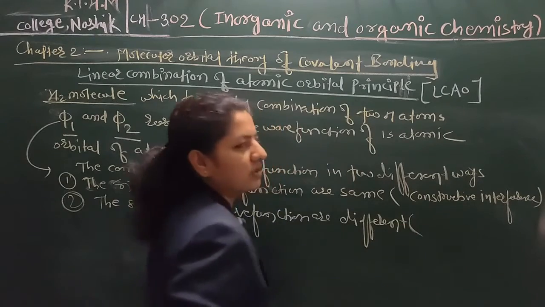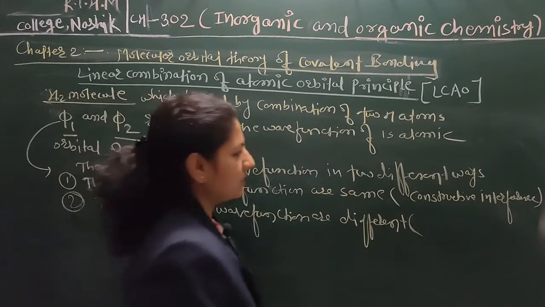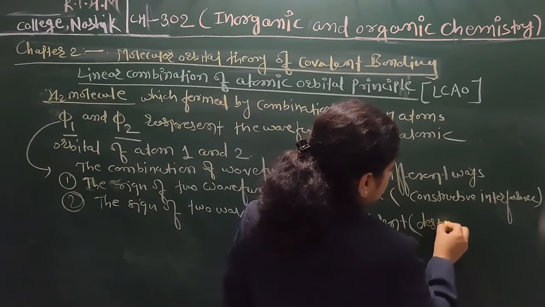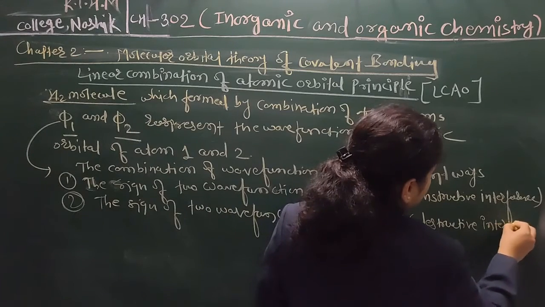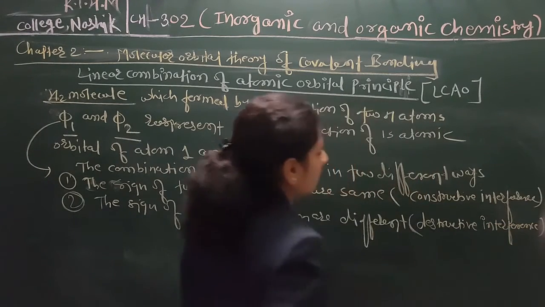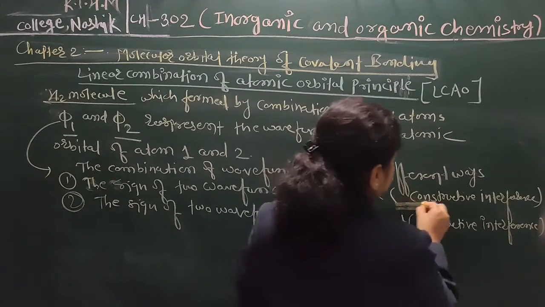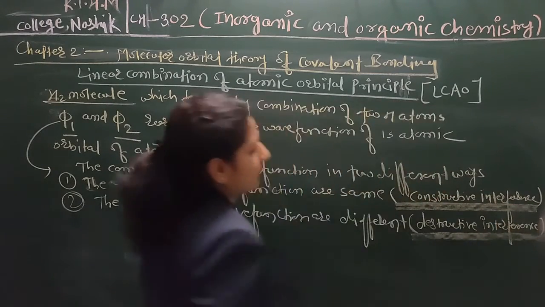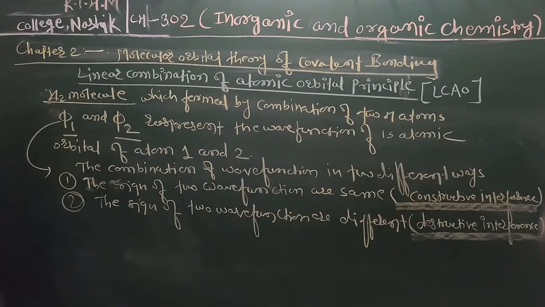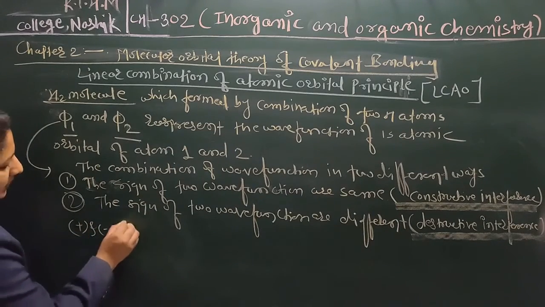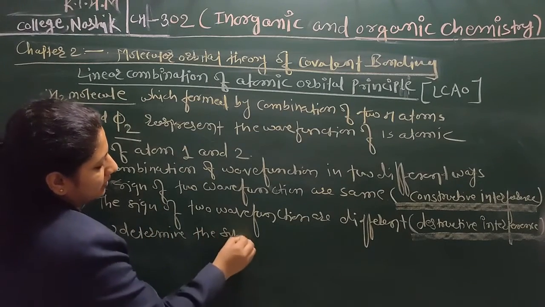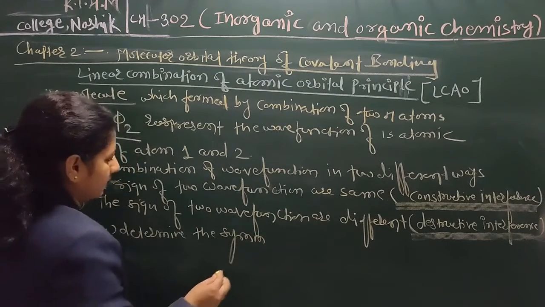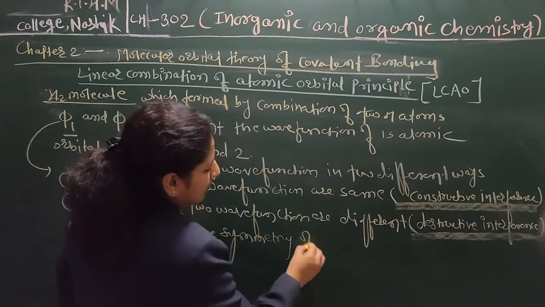And if the signs of the wave functions are different, then there is destructive interference. So let's discuss this. The plus and the minus sign determine the symmetry of the wave function.